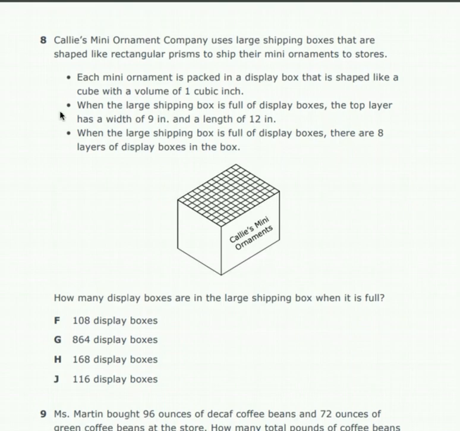When the large shipping box is full of display boxes, the top layer has a width of 9 inches and a length of 12 inches. When the box is full, there are 8 layers of display boxes in the box. How many display boxes are in the large shipping box when it is full?